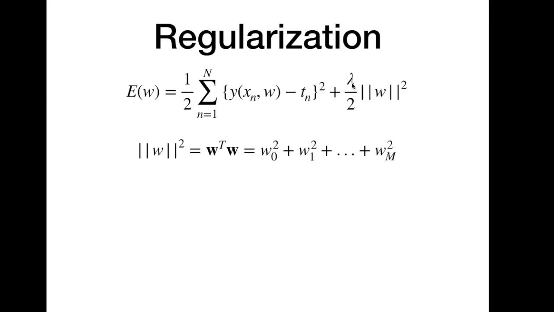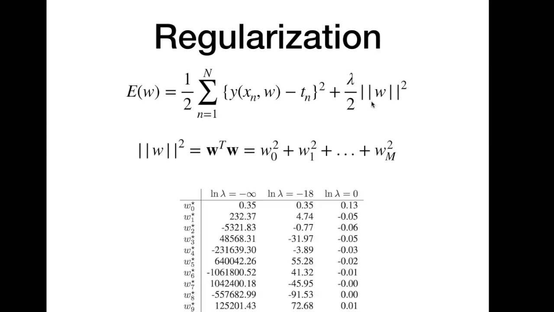But you have to choose such a lambda that gives you good function approximation as well as keeps your coefficient values in a smaller range. Let me show you some coefficient values for varying values of lambda. When your lambda is very high, you have very small coefficient values.